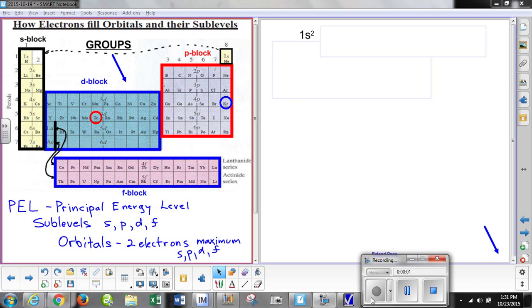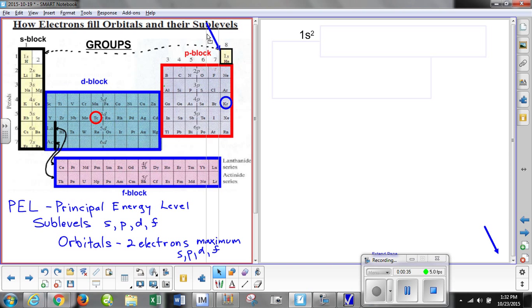Okay, what we're doing today is learning how to use, for the first time, this particular form of a periodic chart to do electron configurations. I'm having the class put lines around each of the blocks of the periodic chart: the S block, the P block, the D block, and the F block.